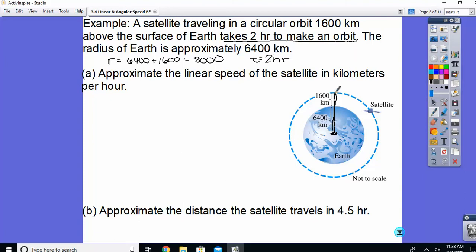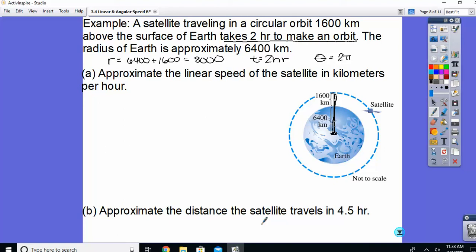In that 2 hours you made an orbit. What does that mean? One complete revolution. So that's telling me my angle is 360 degrees. I'm just going to go ahead and say 2 pi radians. So telling me how long it took to make an orbit gave me two things. It gave me a time and how far you traveled. We went all the way around.